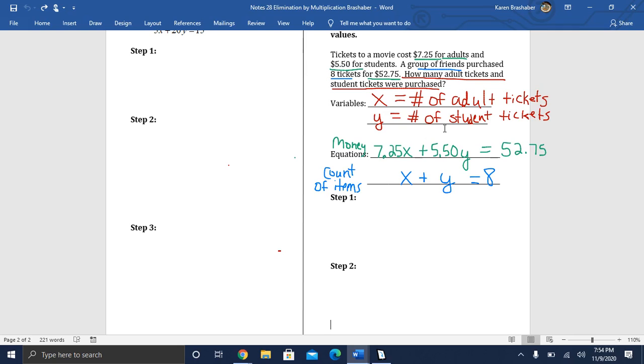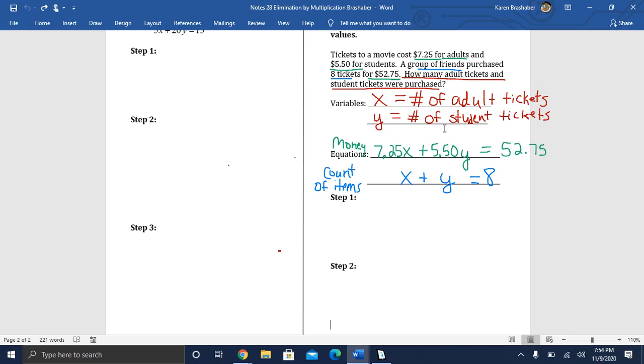And now we're going to try to eliminate a variable. Since on the front I eliminated y twice, I'm going to work with x. I'm going to eliminate the x. I want to get the same number, 7.25, but an opposite sign.